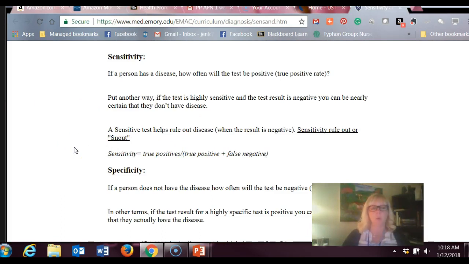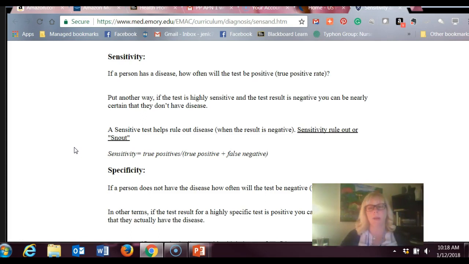So what is sensitivity? If a person has a disease, how often will the test be positive? So it's a true positive rate. In another way, if the test is highly sensitive and the test result is negative, you can be nearly certain that they don't have the disease. We'll talk about mammograms. I'll show you a sensitivity.